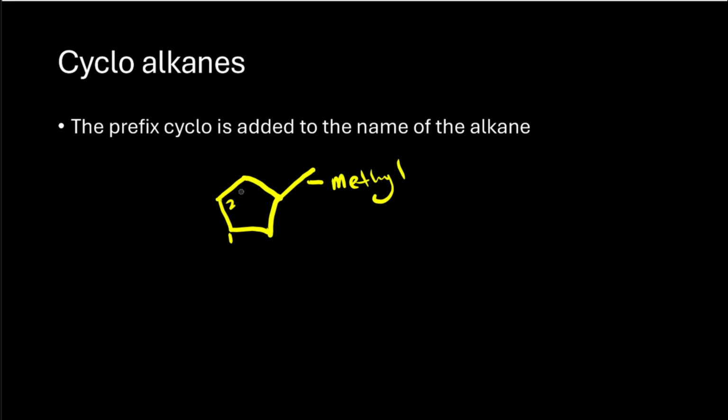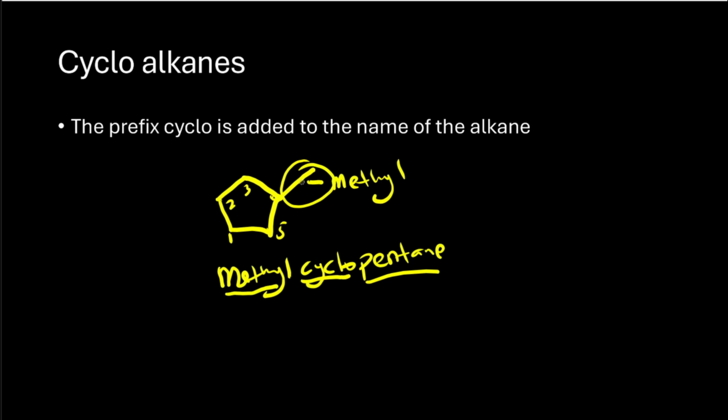So we have 1, 2, 3, 4, 5. So we have 5 carbon atoms in a cycle. Therefore, our cycloalkane is given the name methylcyclopentane. As pentane indicates we have 5 carbon atoms, and then cyclo indicates it is cyclic, and then methyl indicates the substituent.